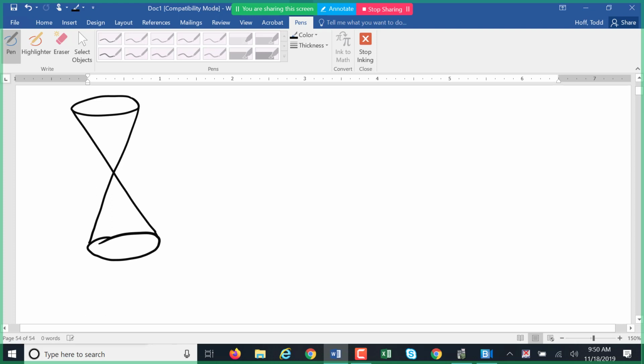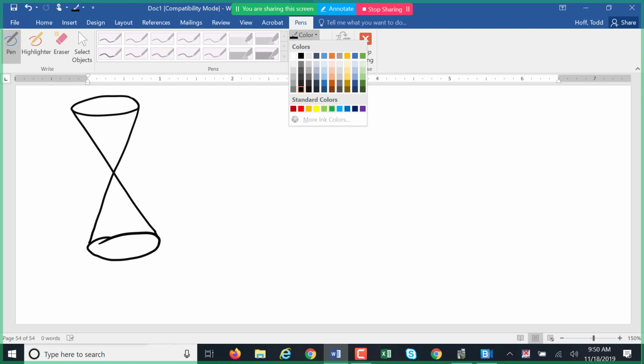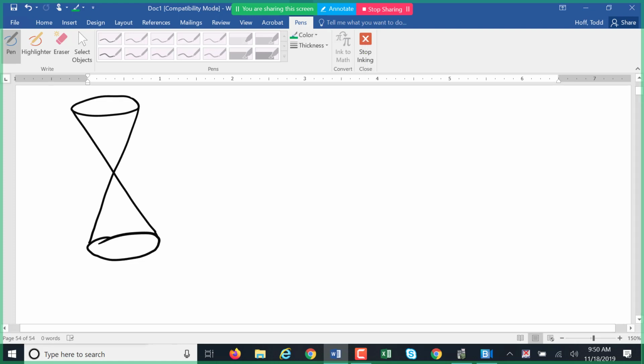If you have 2 cones that are tip to tip like this, a circle is created by an intersecting plane that cuts straight through. You can see when that intersects this cone, it cuts out a circle.